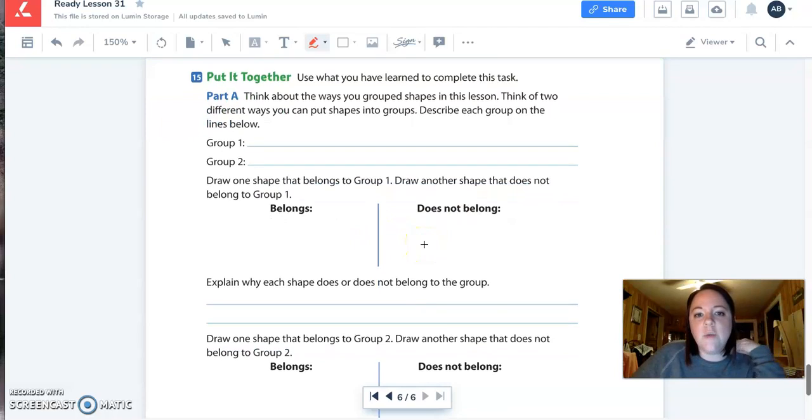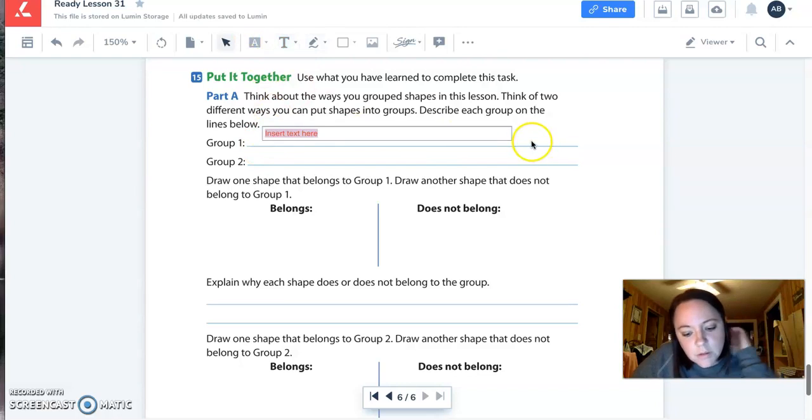Part A, think about the ways you group shapes in this lesson. Think of 2 different ways you can put shapes into groups. Describe each group on the lines below. All right, our group 1. We can do, let's see.